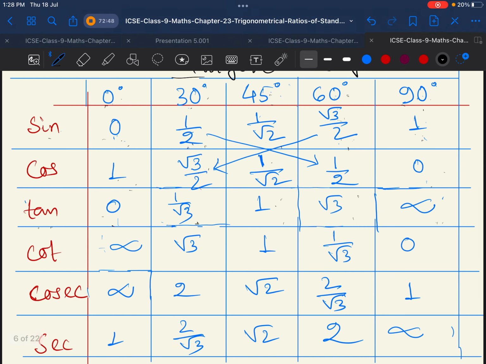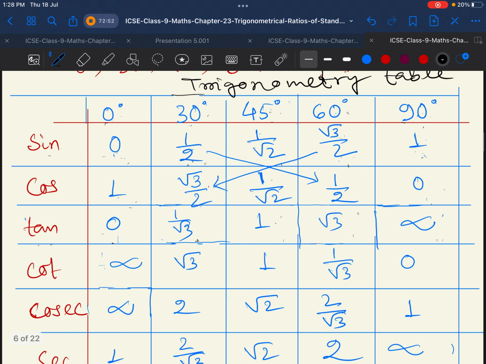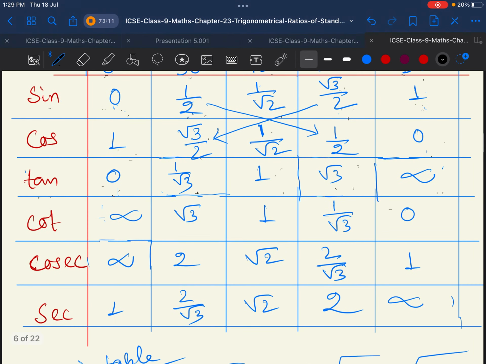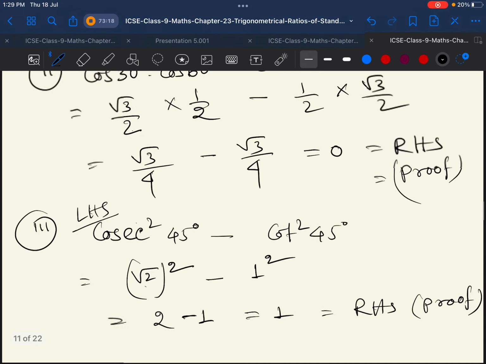And for tan theta, when the angle increases, then the value of tan always increases: 0, 1 by root 3, 1, then root 3. Root 3 is bigger than 1, then infinite, not defined. So this is increasing.